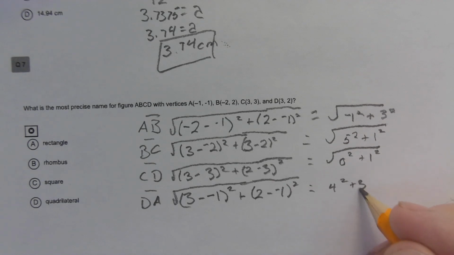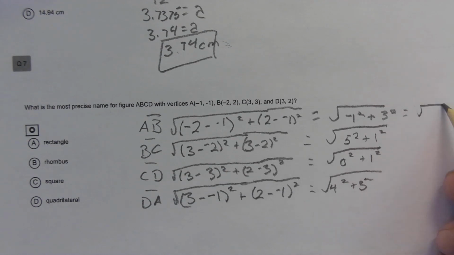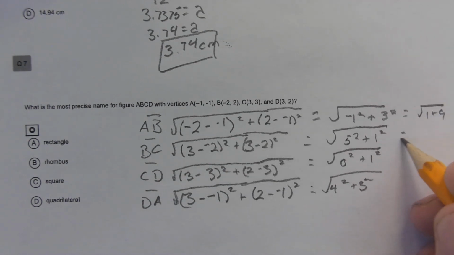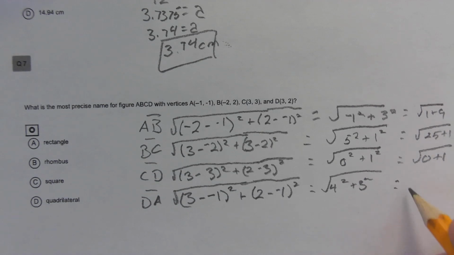Well, that's 1 plus 9, 25 plus 1, 0 plus 1, and 9, 16 plus 9, had it in the wrong order.